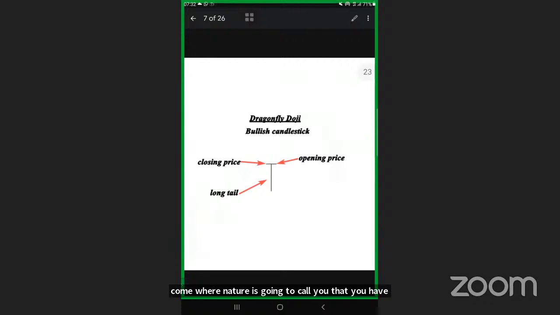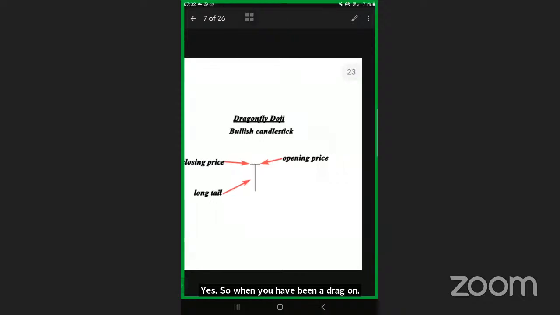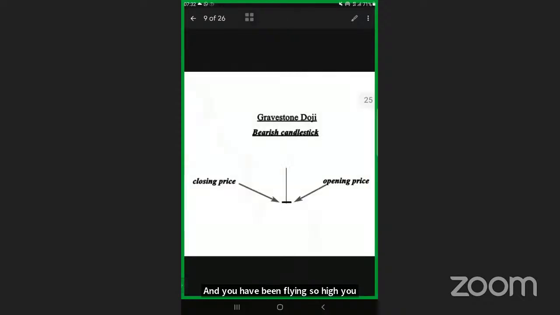You will be forced to land even when you don't want to. When you have been a dragon flying so high, you must remember that another time is going to come where a grave is going to be opened for you so that you can be buried, if you did not know that it was time to get out of the market.